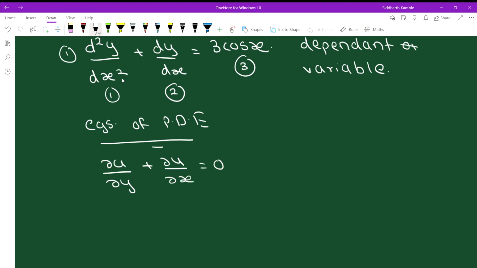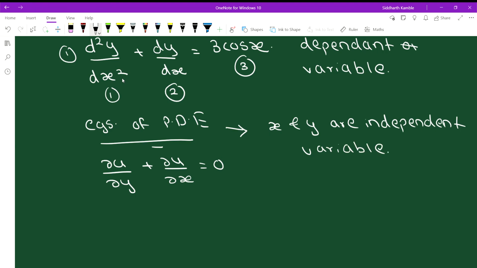Now this is a partial differential equation only when x and y are independent variables, which means that x and y are not dependent on u and also not dependent on each other. And over here we have considered that u will be a function of both x and y.